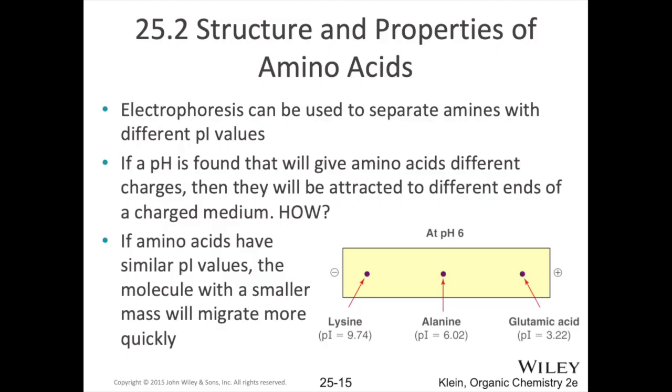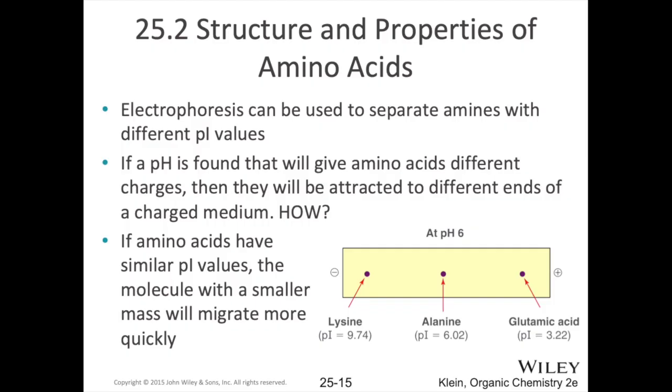Your negatively charged anions will migrate to your positively charged anode. Your positively charged cations will migrate towards your negatively charged cathode. And of course, your Zwitterion, if you're at the isoelectric point for a particular amino acid, is going to stay in the middle.